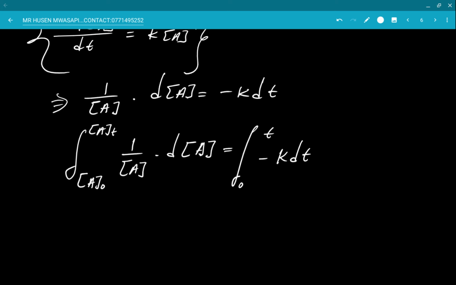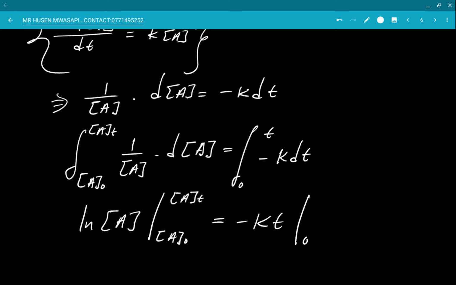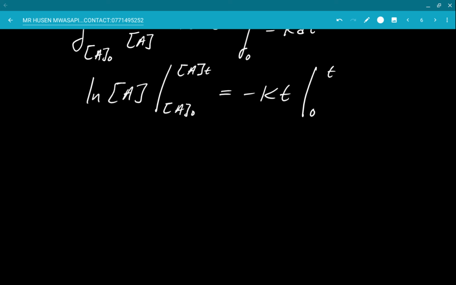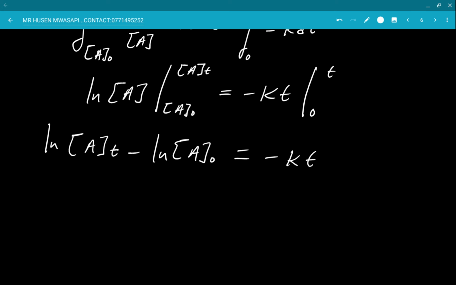After that, if you integrate the left-hand side, you end up having ln concentration A from A0 to At, and this is equal to minus kt from 0 to t. So you end up having ln[A]t minus ln[A]0, and this will equal minus kt, because on this side, if you integrate, you only end up having minus kt, because the 0 will neutralize the other one.